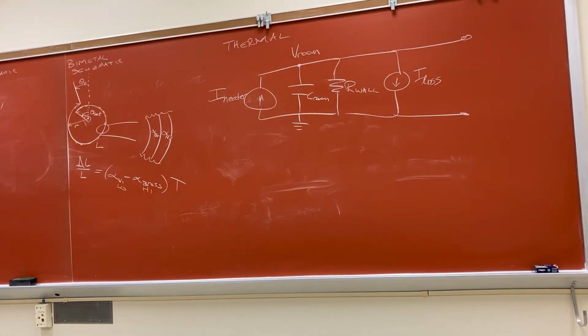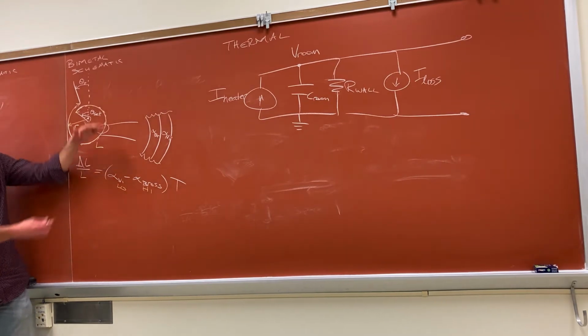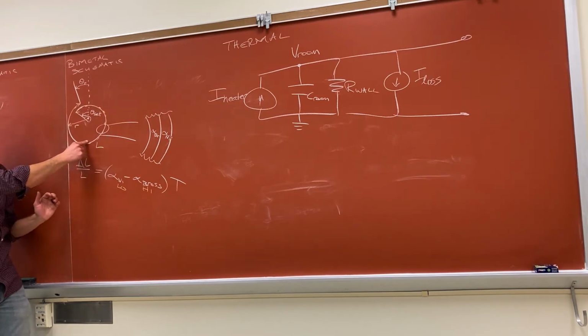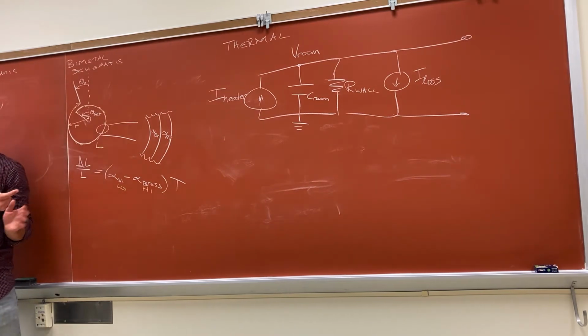I could have just flipped a coin and no one would have checked me on it. We can talk about it later if you need me to walk you through that without me mumbling at the board. But the idea is, if I want this coil to expand, then I need the inner metal to get bigger faster than the outer metal.